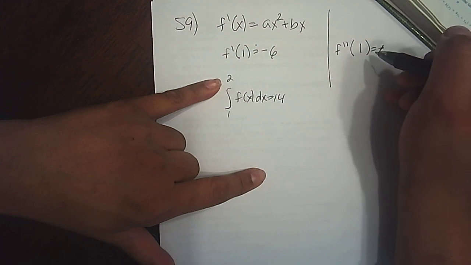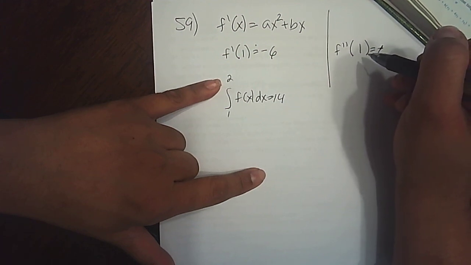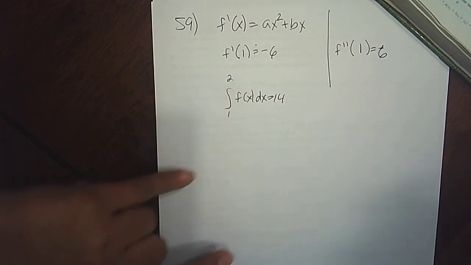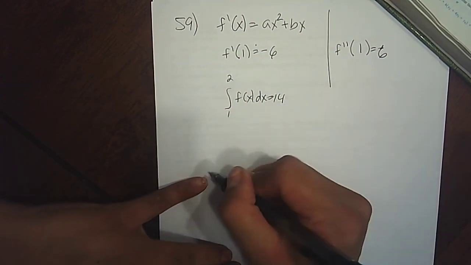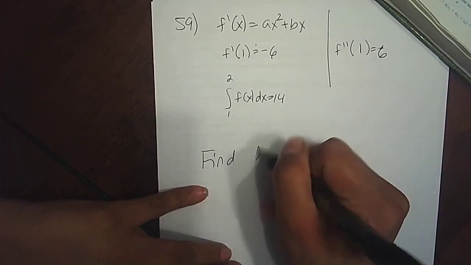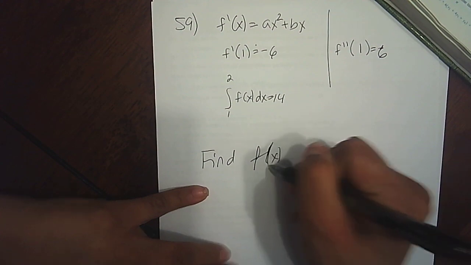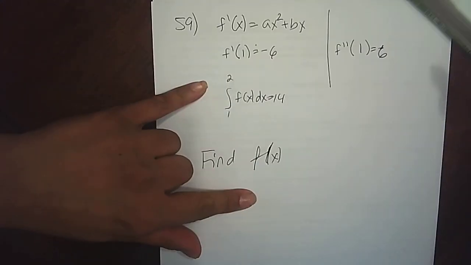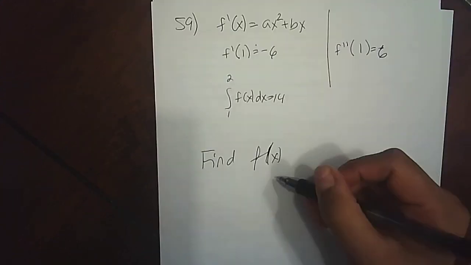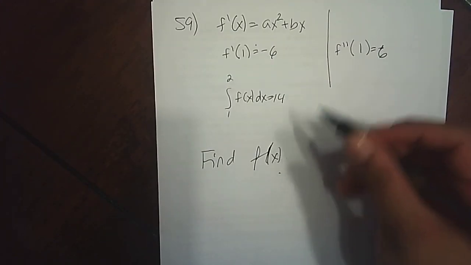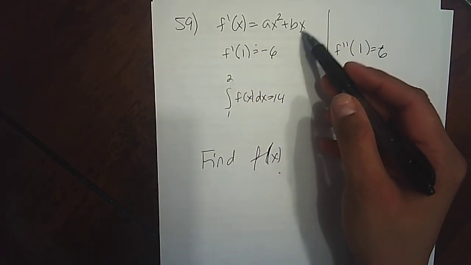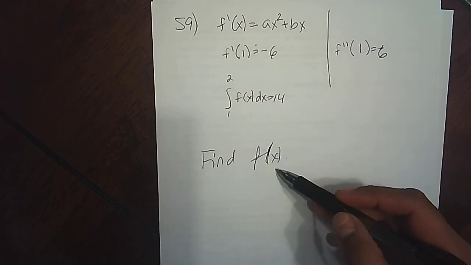Let me make sure I wrote that right. Yes, and our job for 59 is to find f of x. I promise all of these pieces of information will help us find f of x. Obviously, once we find f prime of x, we can find the antiderivative to find f of x.